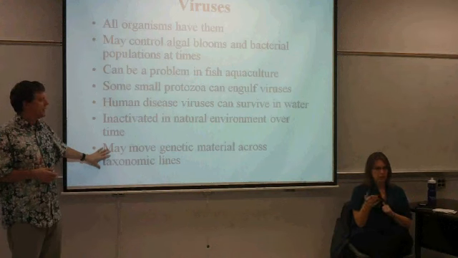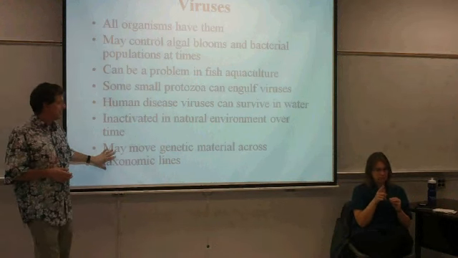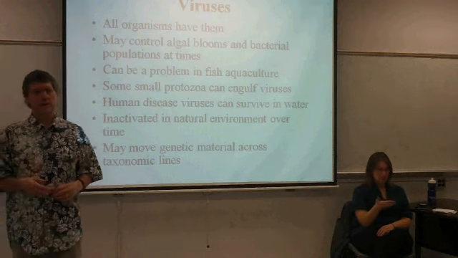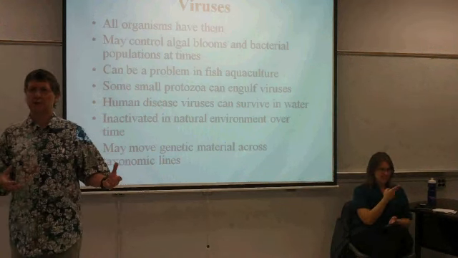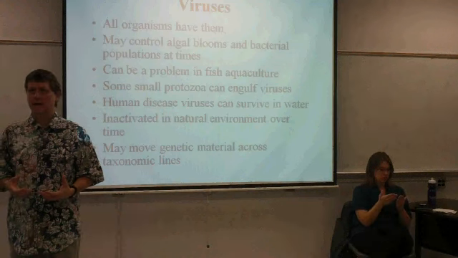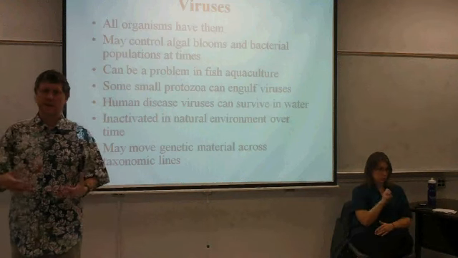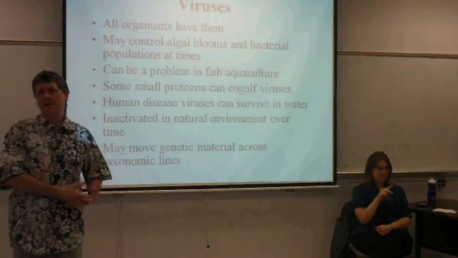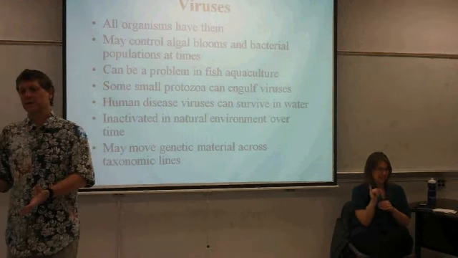One thing that's really important about this is that viruses can move genetic material, because what they're doing is taking advantage of the host's genetic material to reproduce. They sometimes include other genes inside of the virus and then go out and infect another organism.